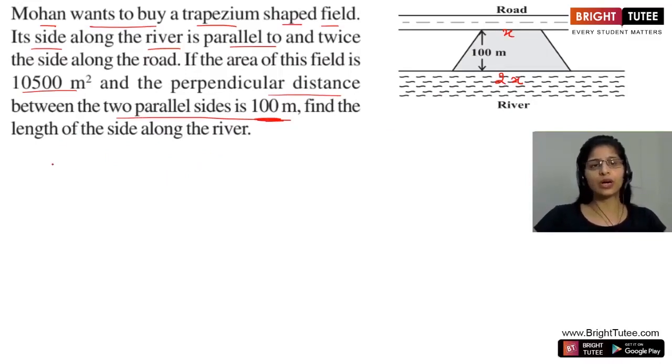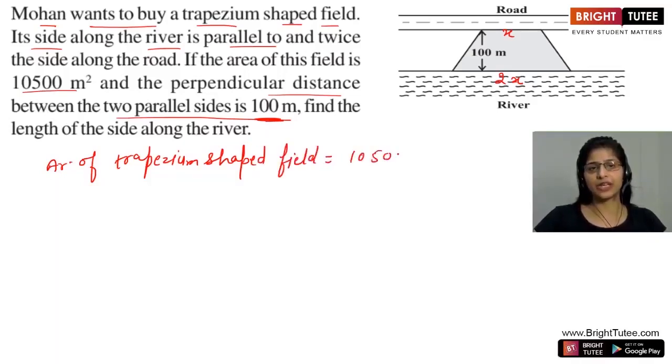Okay, so according to us, the area of the trapezium shaped field is equal to, what is given? 10,500 square meter. So we know the formula is h upon 2 into a plus b, that is the sum of parallel sides. Okay.